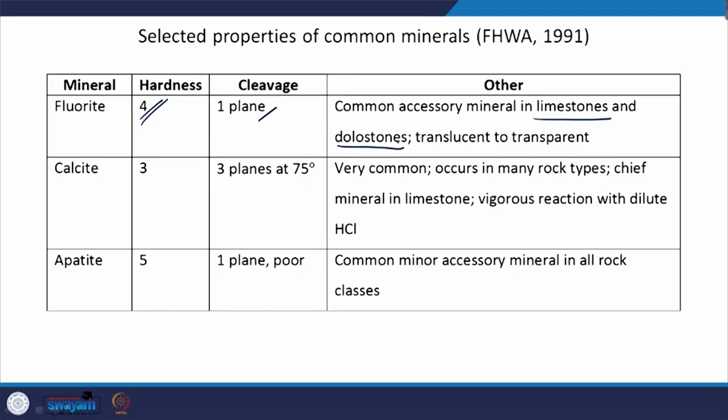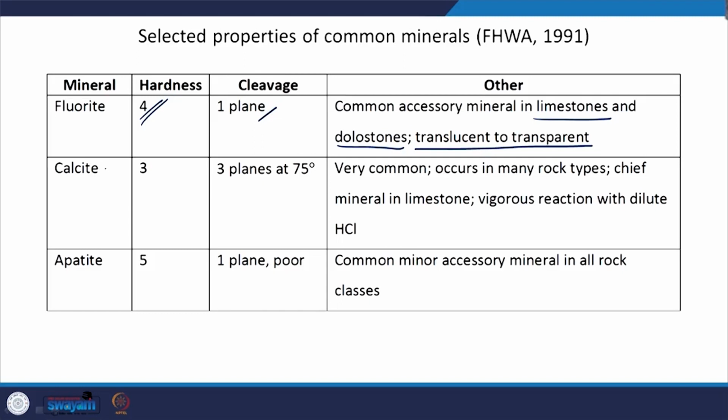So, you see that in the previous class we had the discussion about these different types of rocks. There I have already explained to you what category these rocks fall into. So, you should be in a position to connect this discussion with our earlier discussion. Then fluorite has a property as it is translucent to transparent.